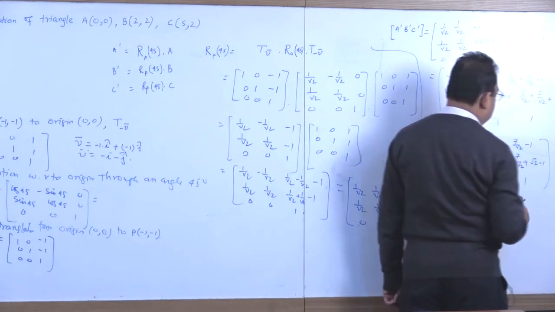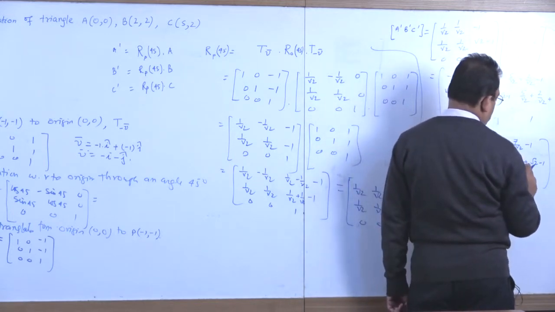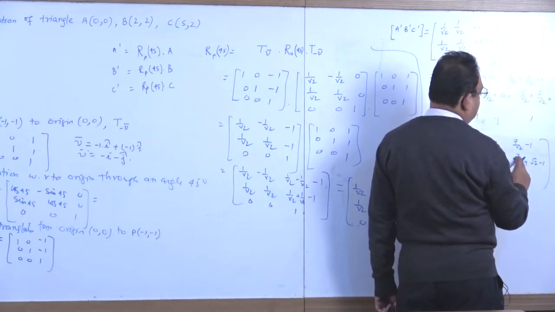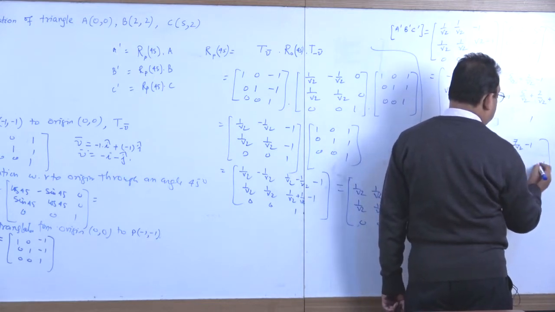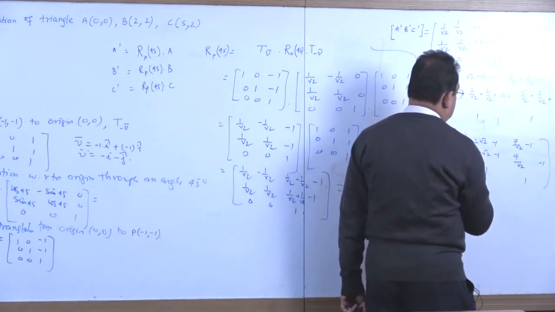So, we can simply write this as 9 by root 2, 9 by root 2 minus 1, and this is the final result.